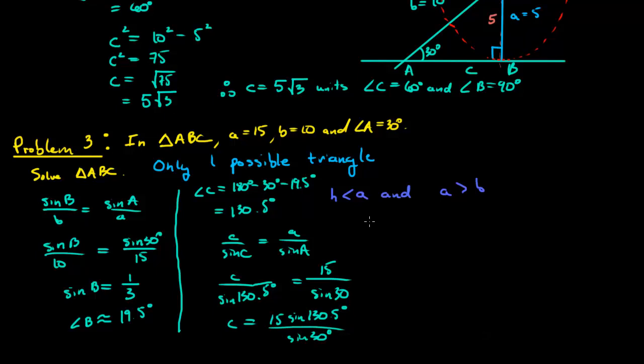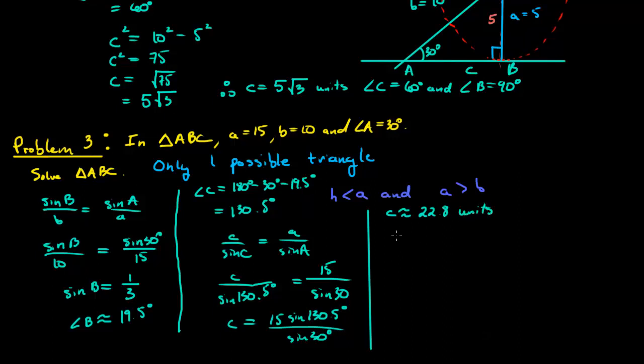Do this on your calculator, and what you'll find is that C is approximately, let's see here, 15 sine 130.5 divided by sine 30. You get 22.8 approximately, so 22.8 units.